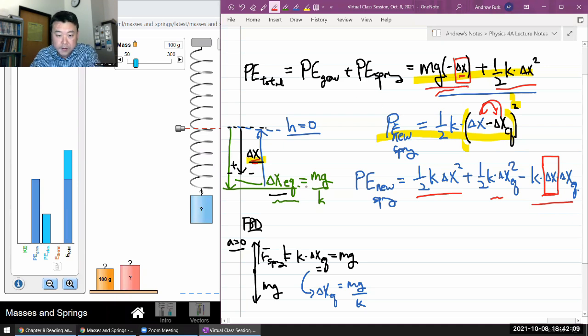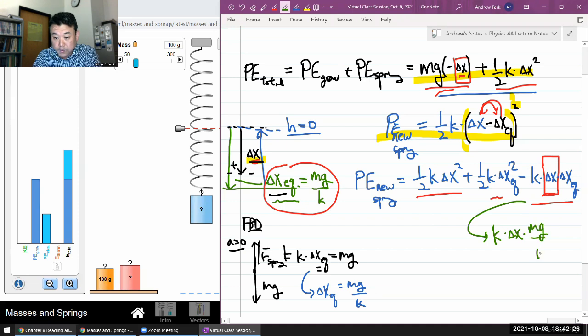And that's where this comes in useful. I can substitute this in for delta x equilibrium. So let me just do that quickly here. Rewriting this, I get k times delta x times mg over k. The k's cancel. I have delta x mg, and that is exactly that with the minus sign there.